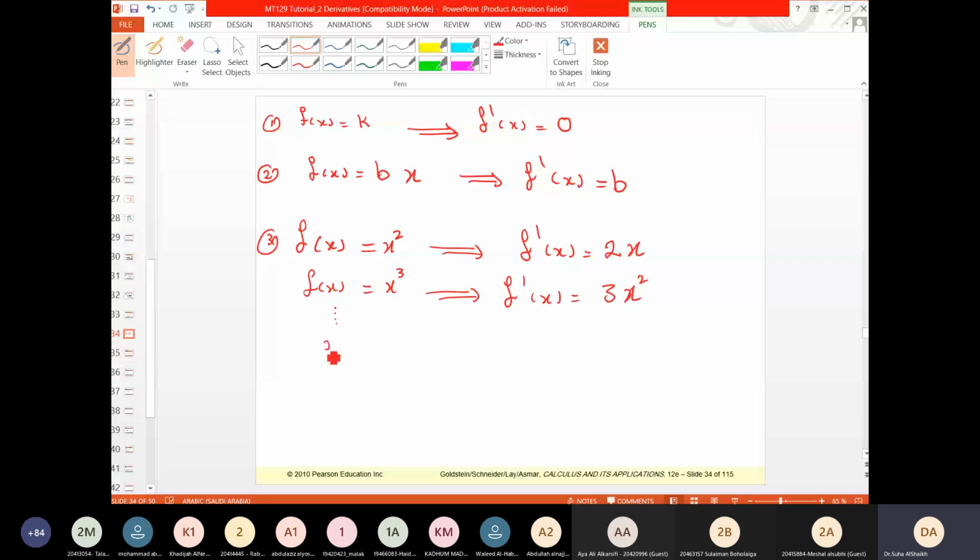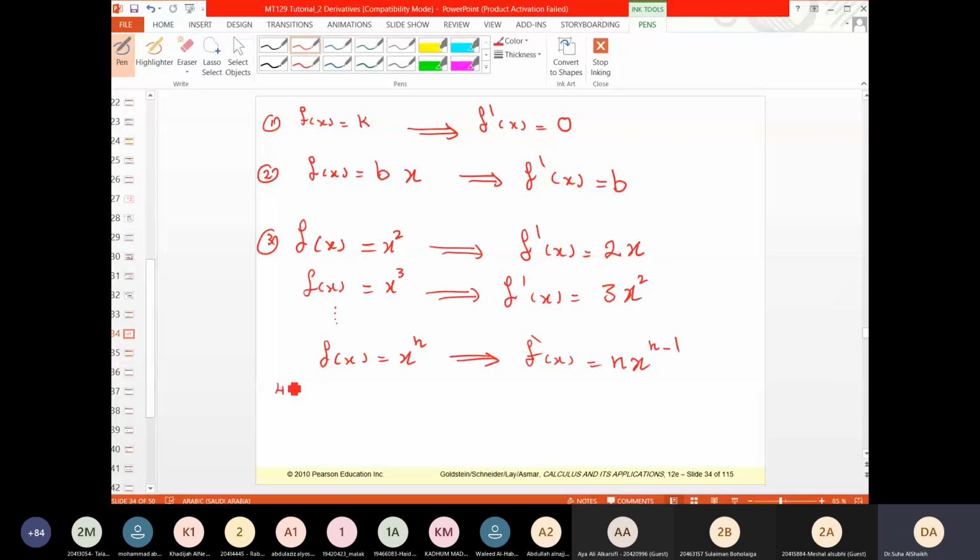In general, when f of x is equal to x to the power n, no matter what n is, fraction, positive, negative, whatever, f dash of x is equal to n x to the power n minus 1. The n goes down, and the power is 1 less.